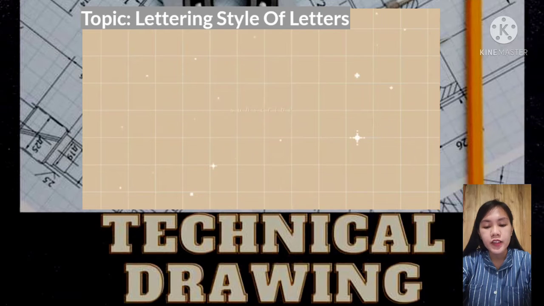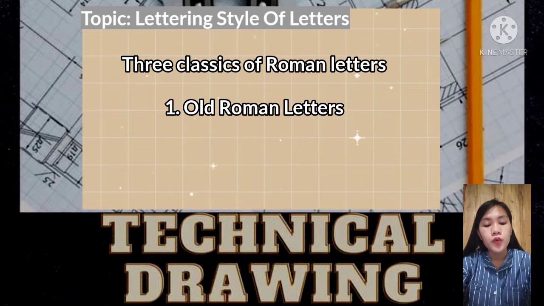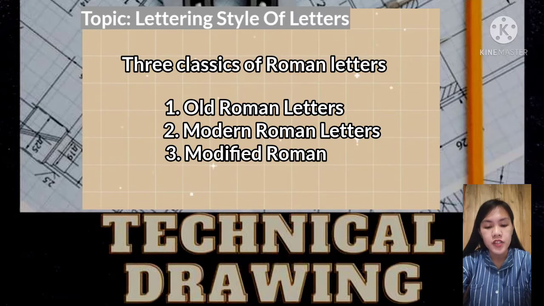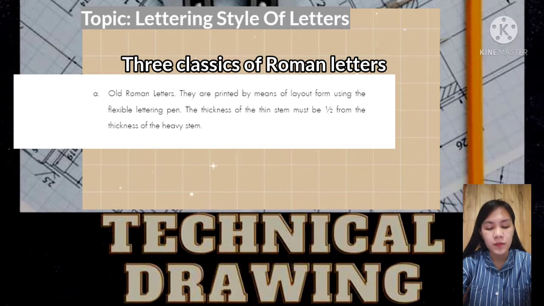The Roman letters have three classes: Old Roman letters, Modern Roman letters, and lastly, Modified Roman. First, Old Roman letters. They are printed by means of layout using the flexible lettering pen. The thickness of the thin stem must be one half of the thickness of the heavy stem.